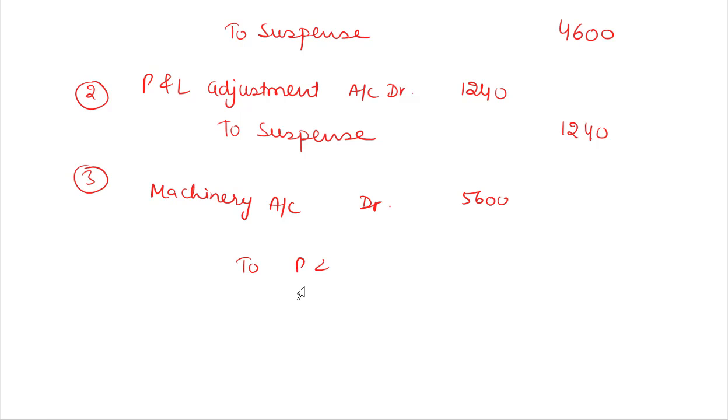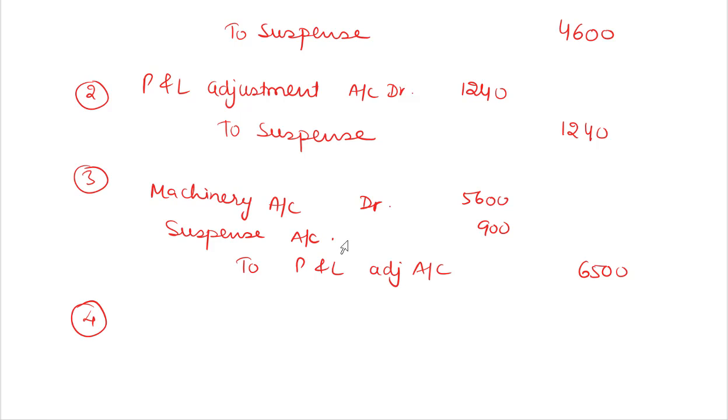We will credit what? Profit and loss adjustment account, because freight is a nominal account, 6,500. And the difference, 6,500 minus 5,600, that is 900, we will transfer to suspense account.